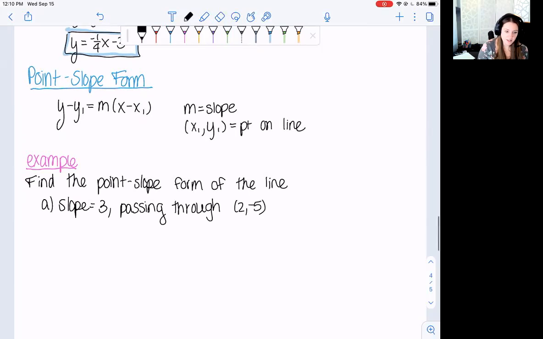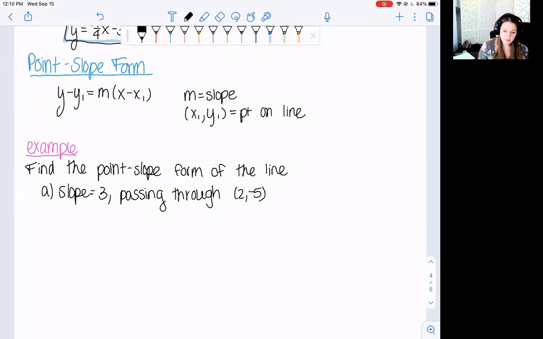So when you're asked to find the point slope form of the line, that means you stop once you're in point slope form. You don't need to go any further. So here's what it looks like. We have a slope and we have a point. So slope is 3, which means m is 3. This is our point x1, y1. So x1 is 2 and y1 is -5.